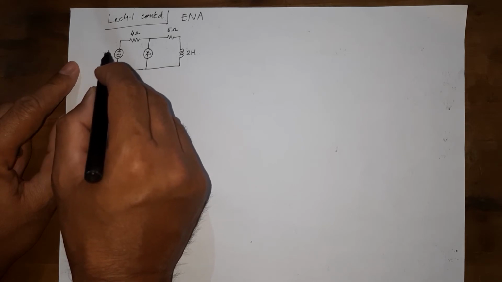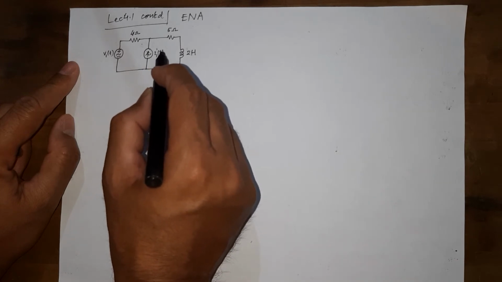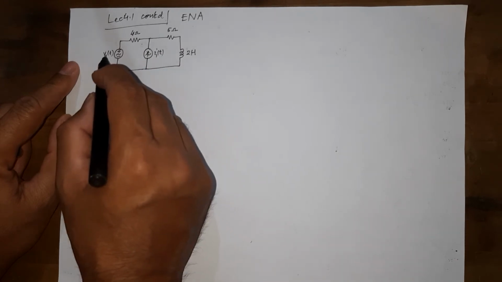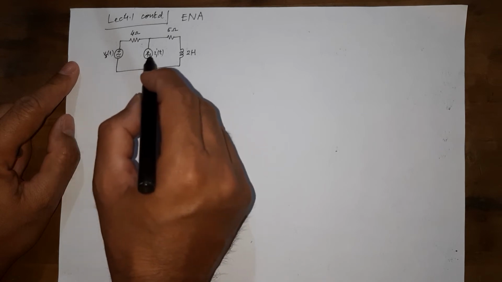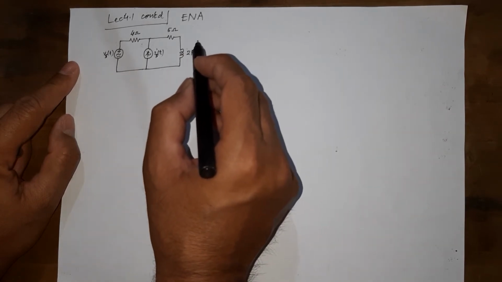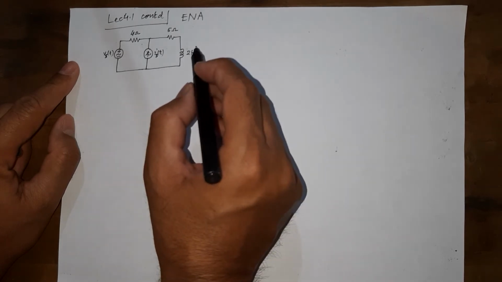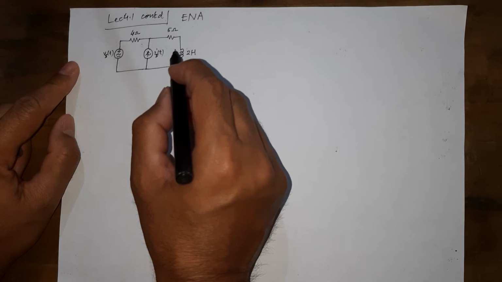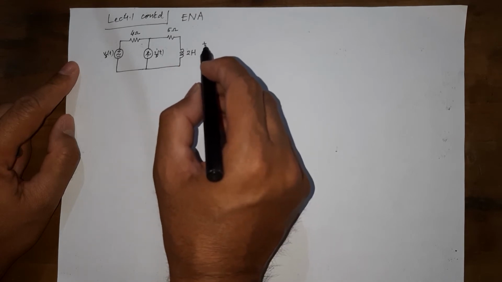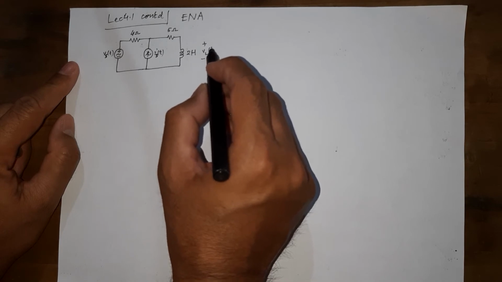Let us assume this is Vs, S for source, this is Is(t), and the question says, find the voltage across this inductor, VL(t).